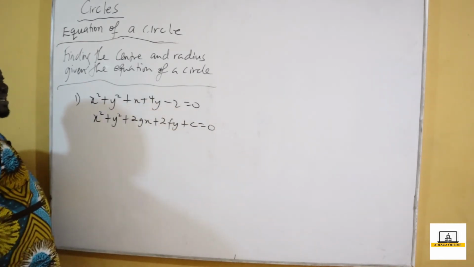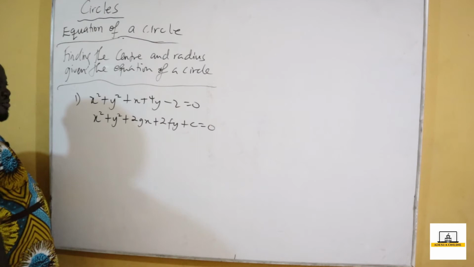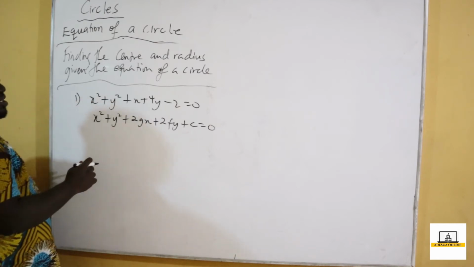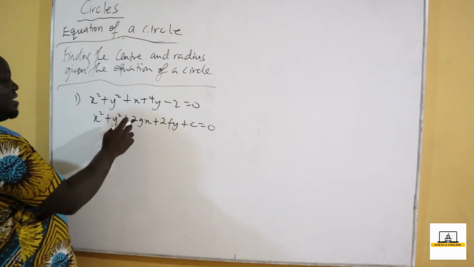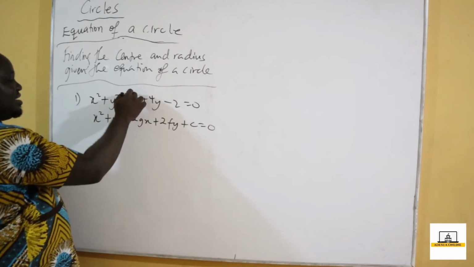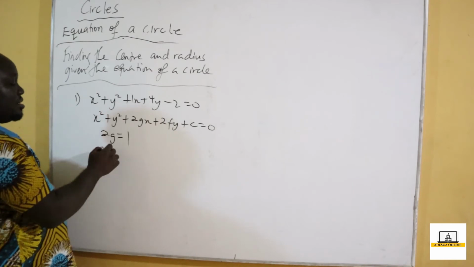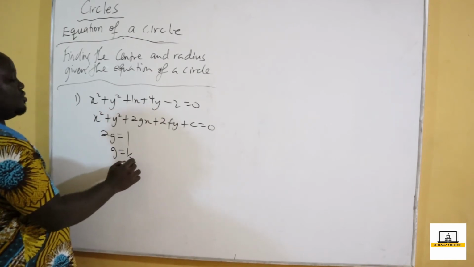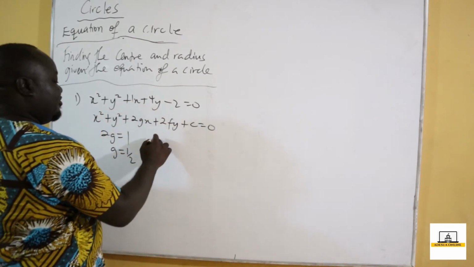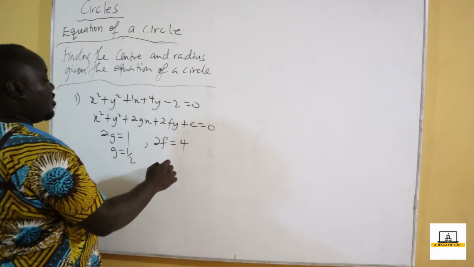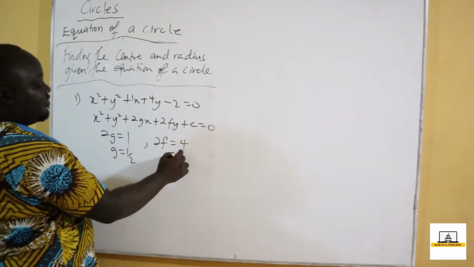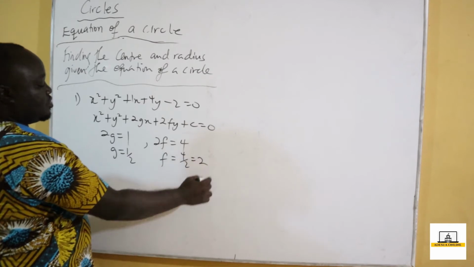We know our center is always minus g, minus f. When you compare this to this, x squared is x squared, y squared is y squared, and then our 2g is equal to what? This is 1x, so 2g is equal to 1. So g is equal to 1 over 2. And then 2f is equal to 4, so f is equal to 4 over 2, which is equal to 2.